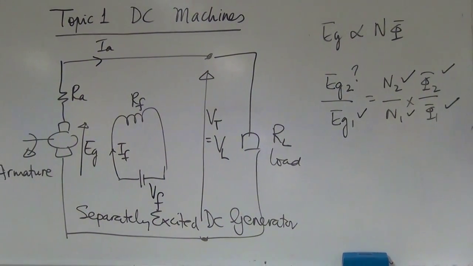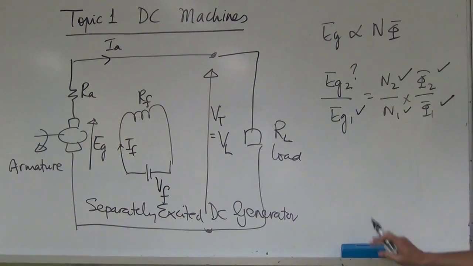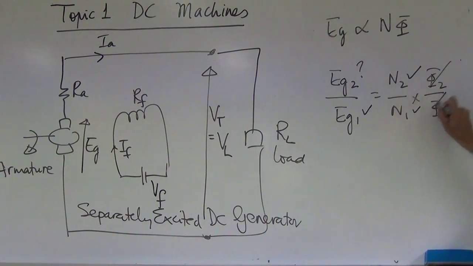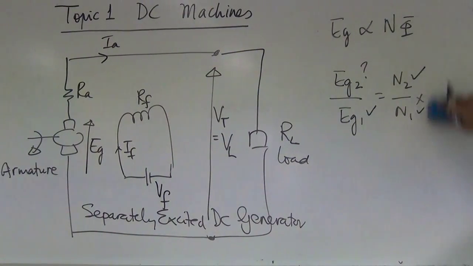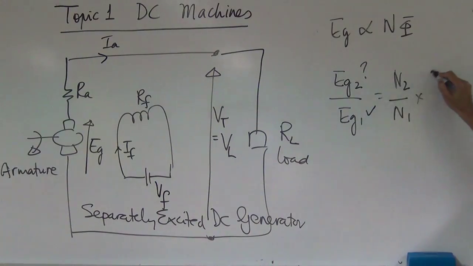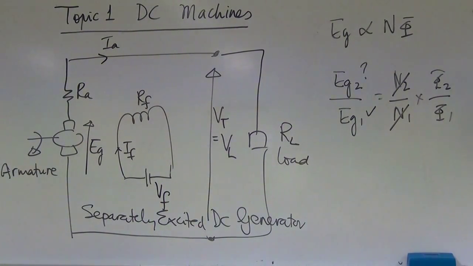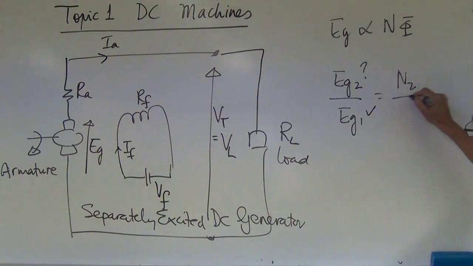And if the question says there's no change in flux, that means flux 2 and flux 1 are the same, so they can cancel. Or if the question says there's no change in speed but flux changes, then you can cancel away the speed. And there are times that it says things change accordingly.